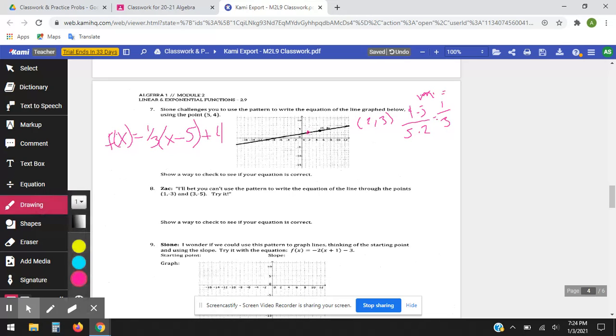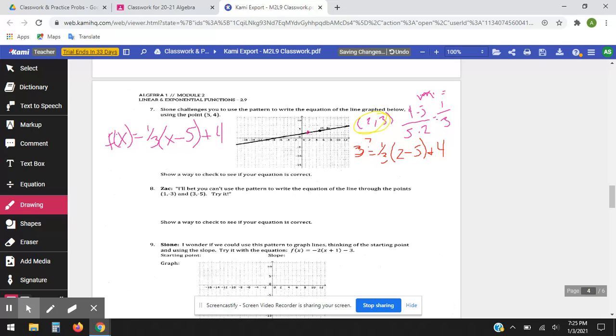So I should be able to plug in my 2 comma 3, and it should work. So let's try it. Does 3 equal 1/3 of 2 minus 5 plus 4?